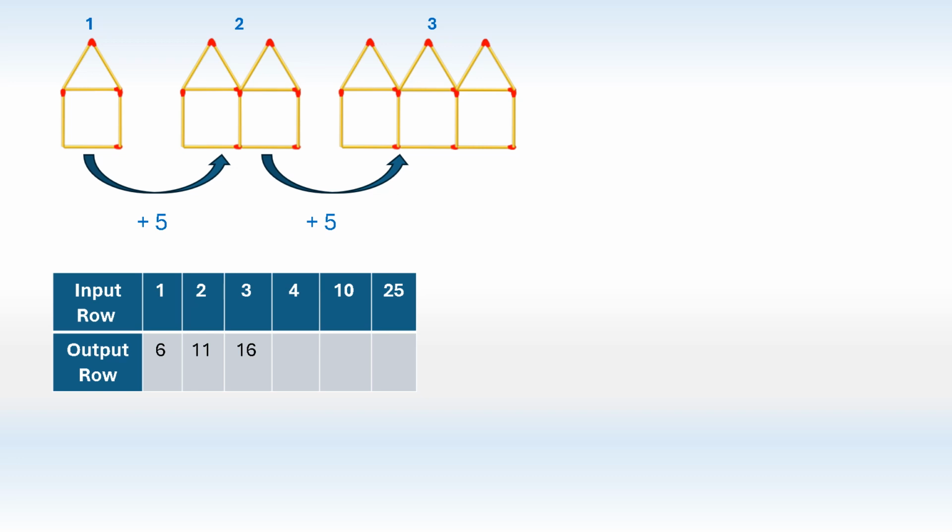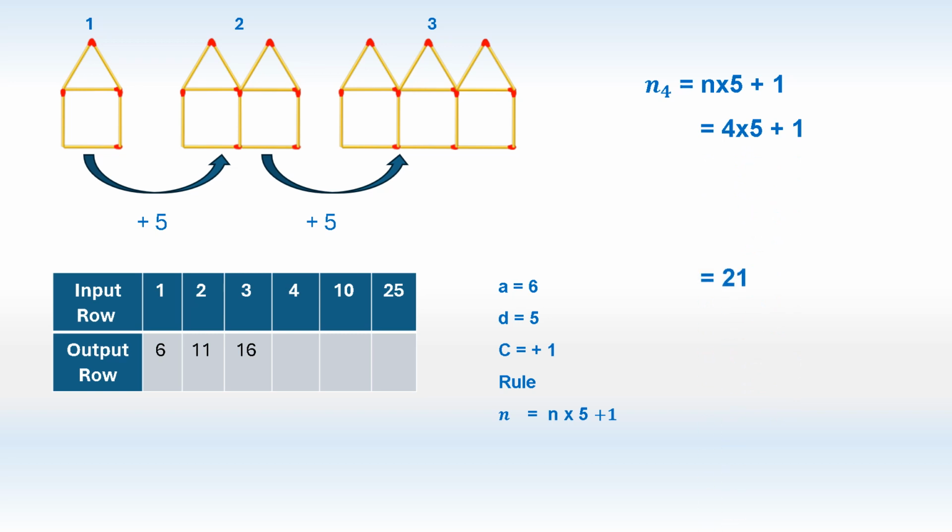So to work out the formula, we're going to say A is our starting number, which is 6. The difference is 5. Now what can I do to 5 to make it 6? That gives us C. We're going to add 1. Now we're looking for the 4th number. We're going to use our rule, which is n times 5 plus 1. So we'll say 4 times 5 plus 1 gives us 21.